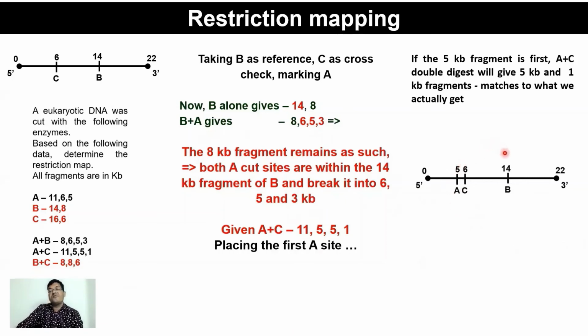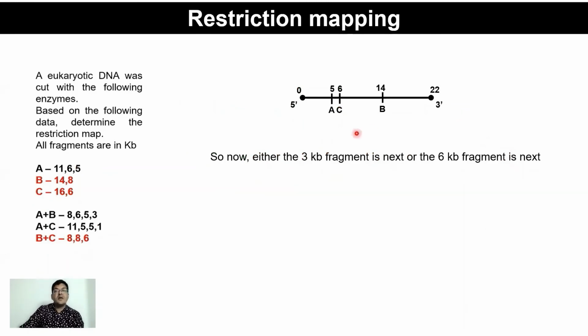Now we look for the second cut site for A in this map. So here we are. Until now, what we have done is we have placed the B cut site, we have placed the C cut site. This was relatively easy because each had only one fragment and you could very easily place them.